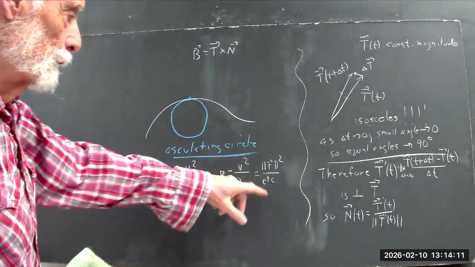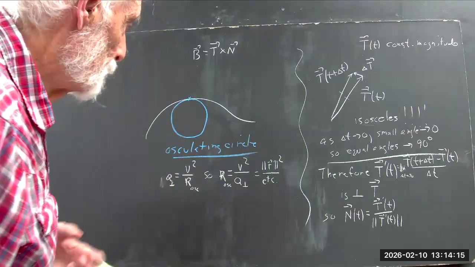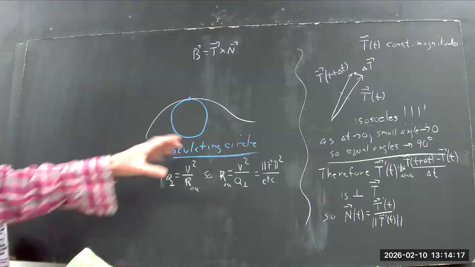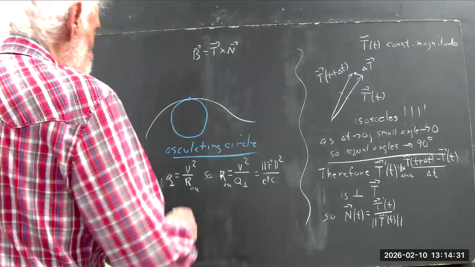And I don't want to confuse the issue by writing out a formula for A perpendicular, but I've already told you what you need to know to calculate it. You can find A parallel and subtract it from A, or use other properties.